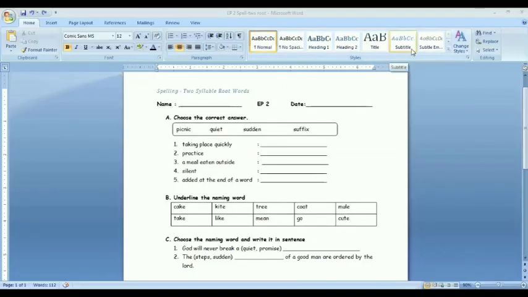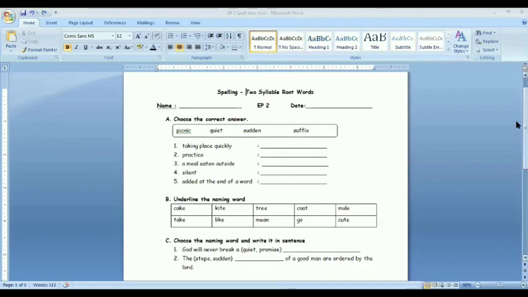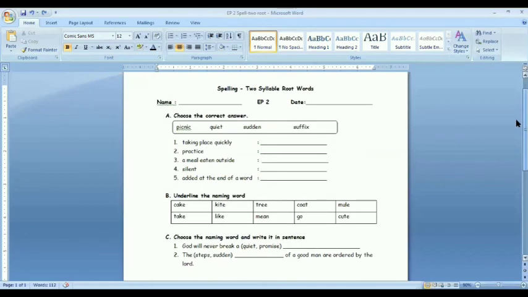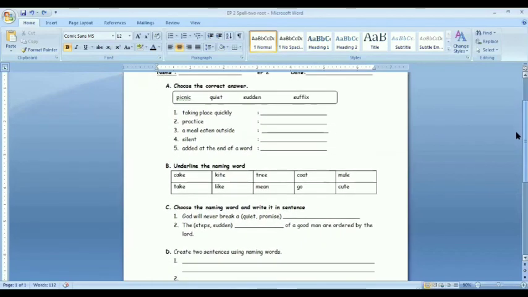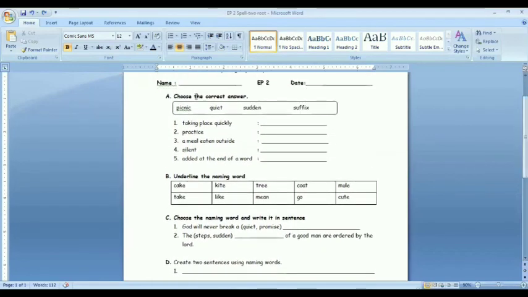Okay, EP2, you are going to have this kind of exercise. What do you need to do? Okay, very easy. One, this is all about the two-syllable root words. You have to find the meaning of each word by choosing the word.